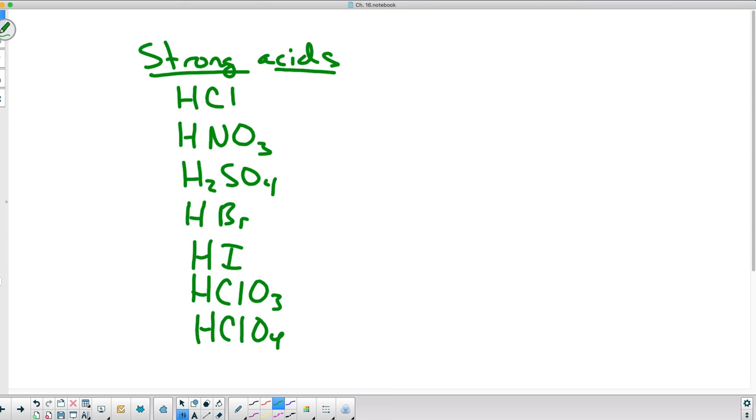Dissociate simply means they split up into their ions in water 100% of the time. Okay, these all will do that. Please get a list of these so you know what they are, because if you see something that is not a strong acid, you recognize that by knowing what the strong acids are.